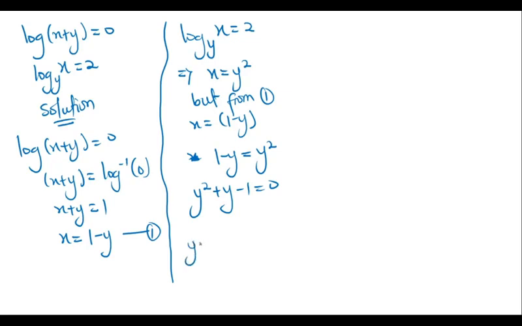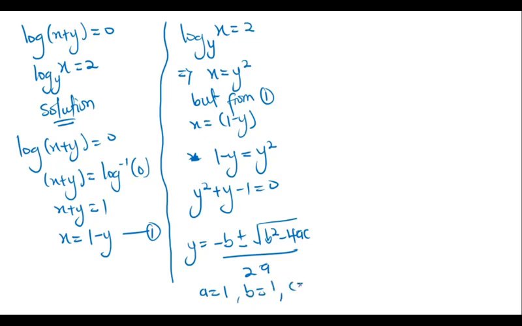We have y is equal to minus b plus or minus root of b squared minus 4ac, all over 2a. Now from this equation, we can see that the value of a is 1 because the coefficient of y squared is 1. Then the value of b is also 1, and the value of c is negative 1.